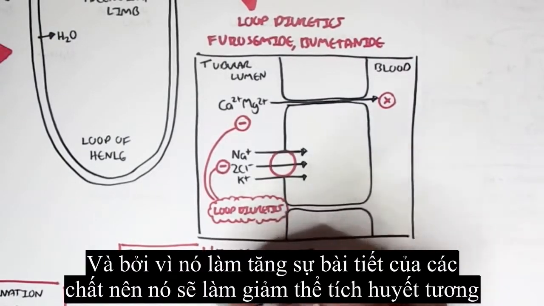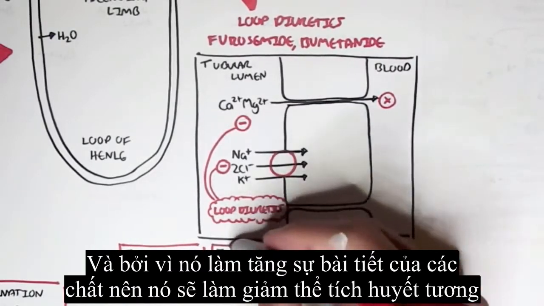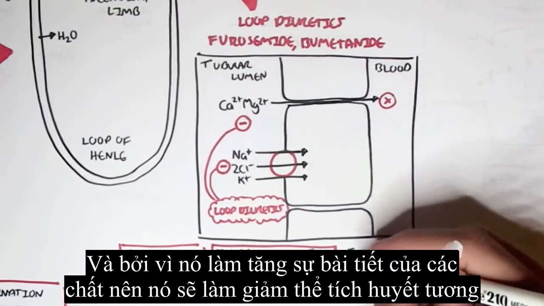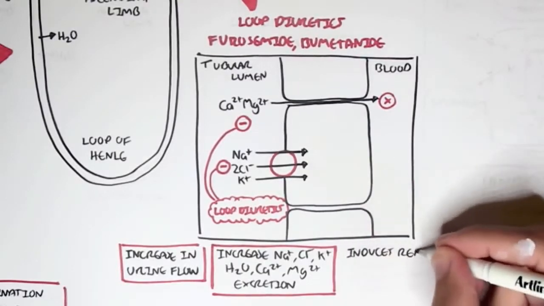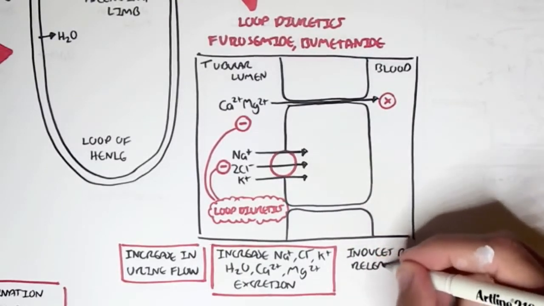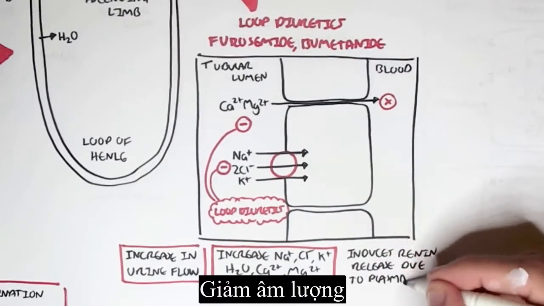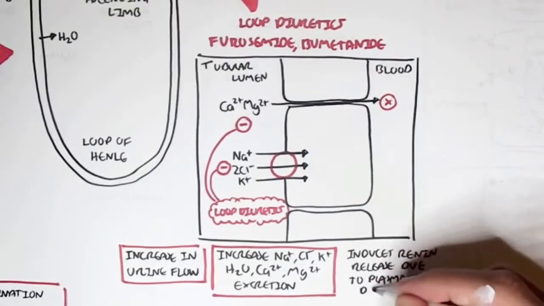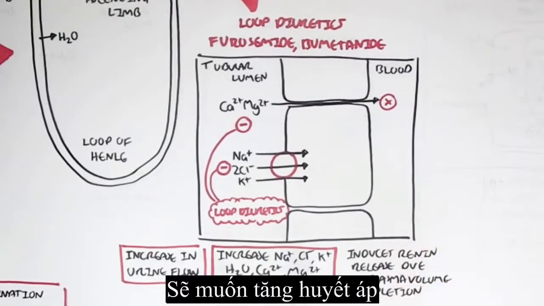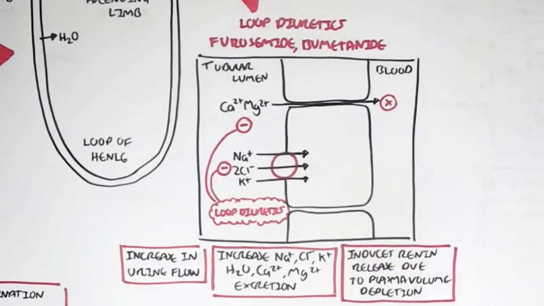Because they increase the excretion of these substances, they decrease the plasma volume, right? And thus, loop diuretics can induce renin release due to the plasma volume depletion. And renin, as you know, will want to increase blood pressure.